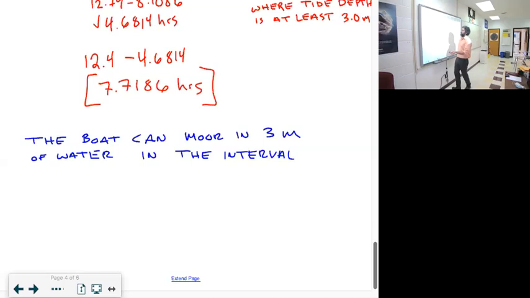and that interval starts at 12.79 hours less than or equal to t less than or equal to, and then we've got to find the last interval there. So I'm going to add 7.7 to that, and I get 20.5086, so that would be 20.51.